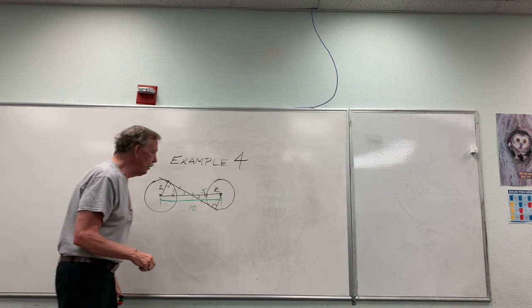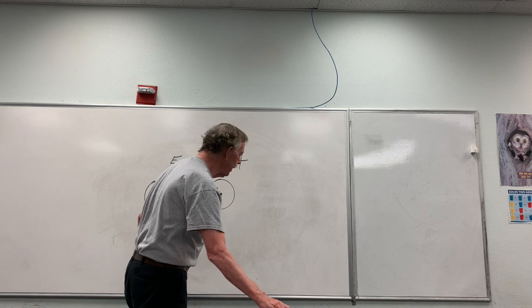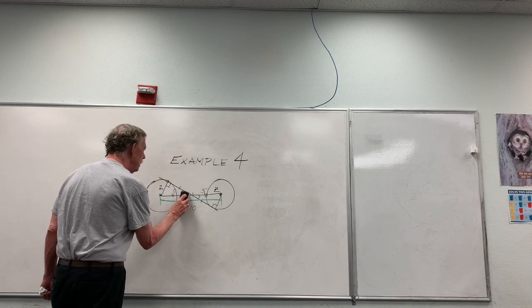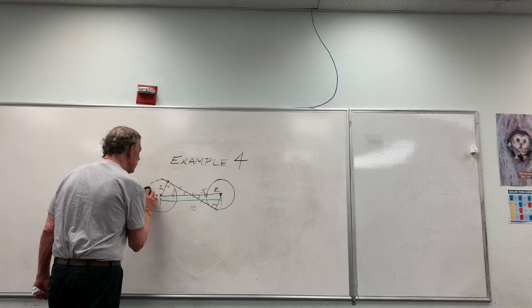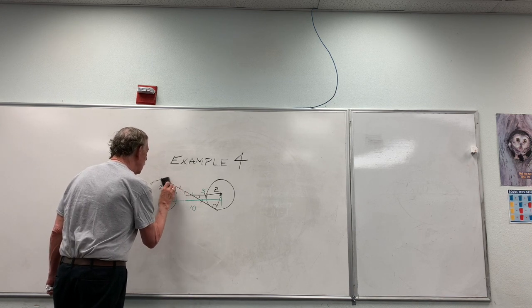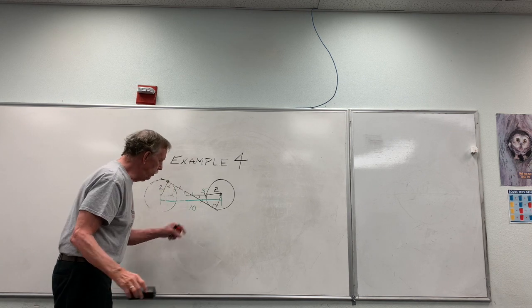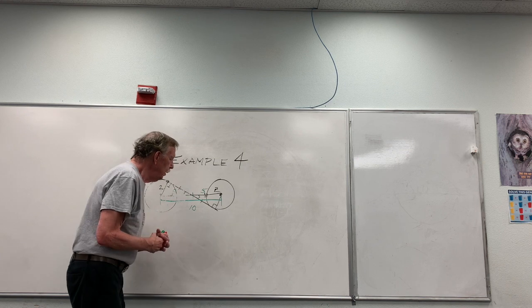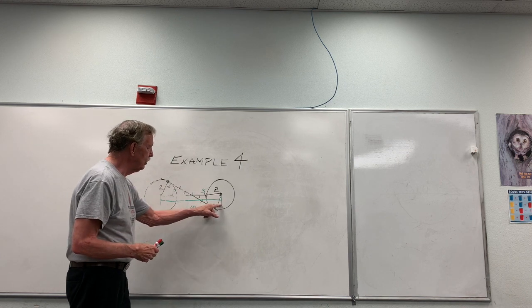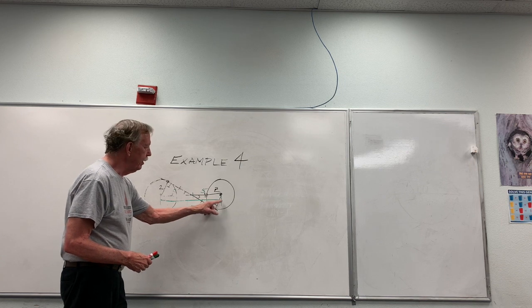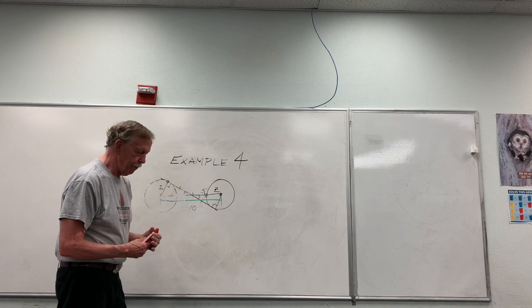And if we erase the part of the circle that we don't really care about, let's just get rid of some of this picture. We end up with a right triangle that has one piece 2, that's a leg, and a hypotenuse of 5.